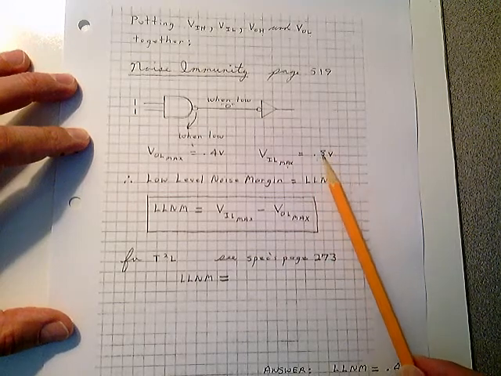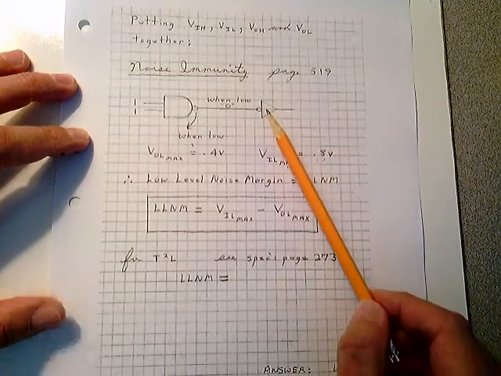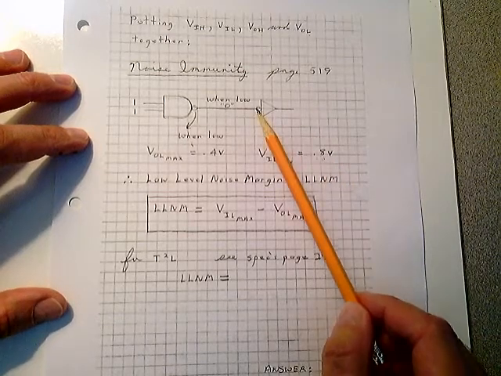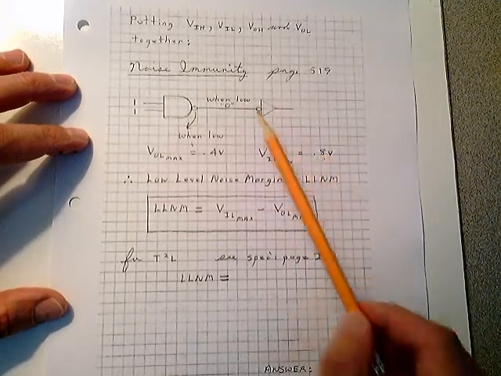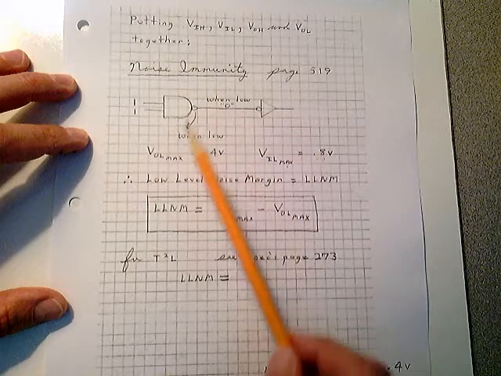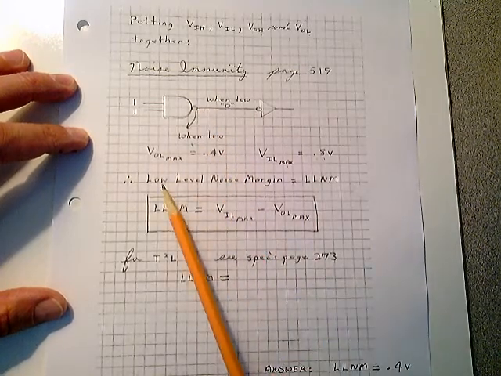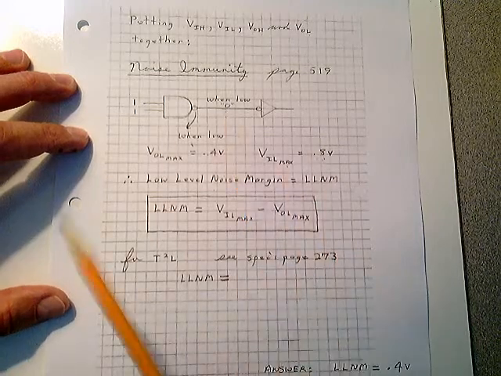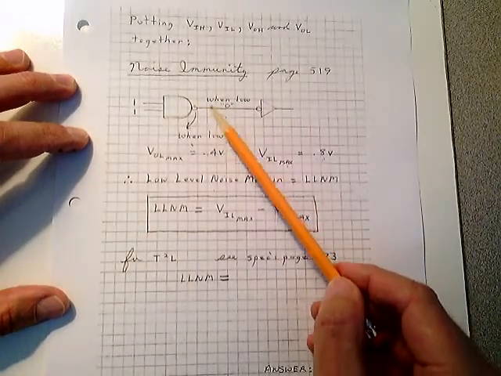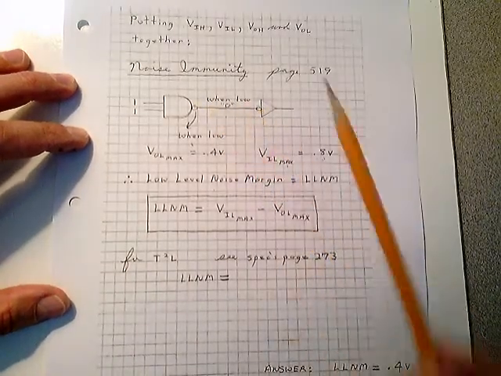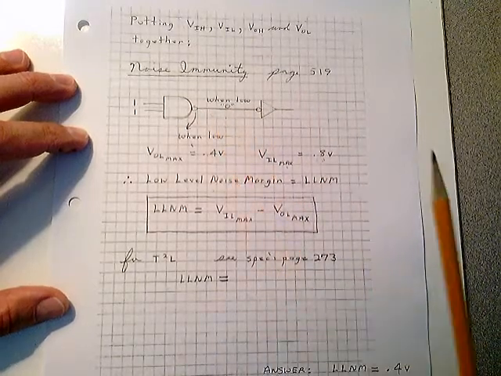So this is saying that this device here will recognize 0.8 volts as a low, 0.8 volts and below is a low. And this is saying that the maximum it'll put out for a low voltage is 0.4. So we can calculate a low-level noise margin for that circuit with noise riding along that low level, the white noise riding on that low level.